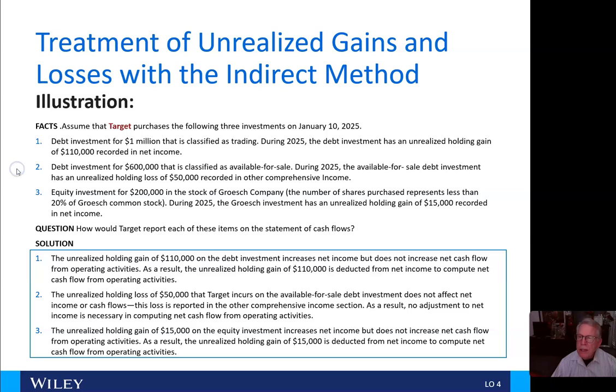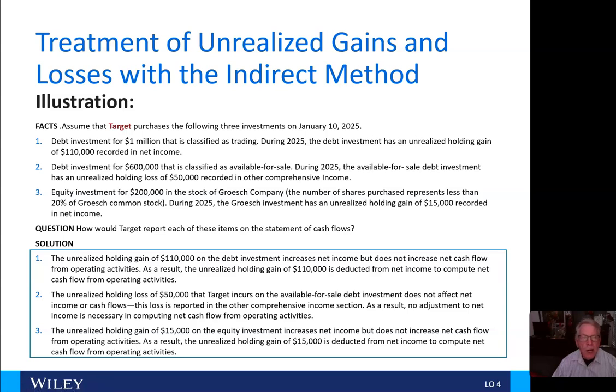Number two, debt investment for $600,000 that is classified as available for sale. So during 2025, the available for sale debt investment has an unrealized holding loss of $50,000 recorded in other comprehensive income. And number three, equity investment of $200,000 in the stock of Grosh Company.